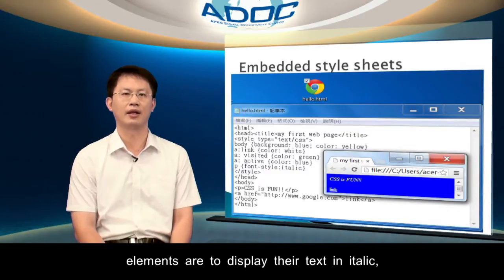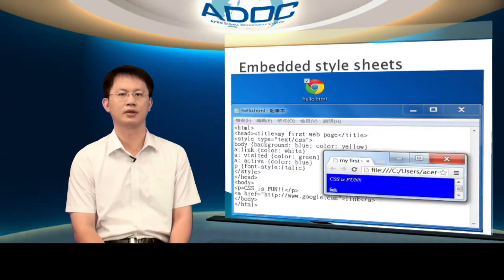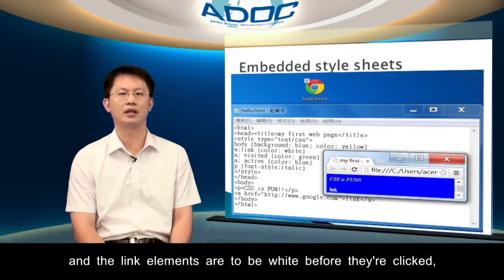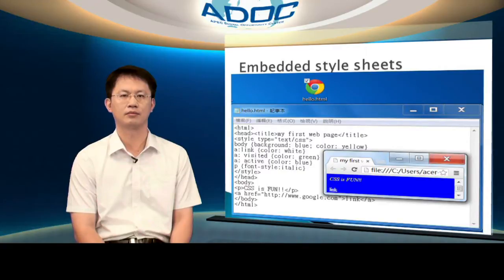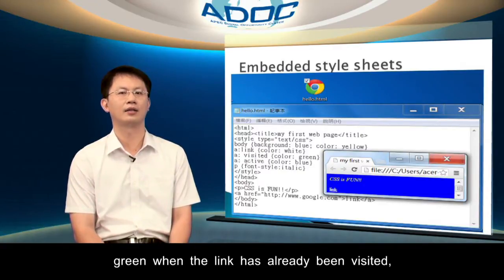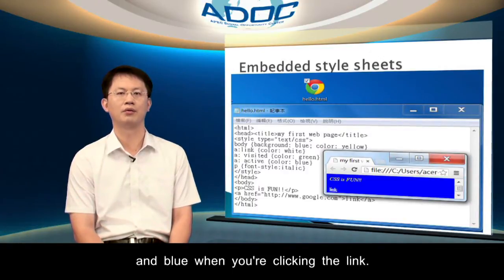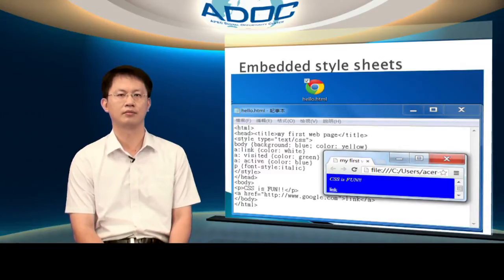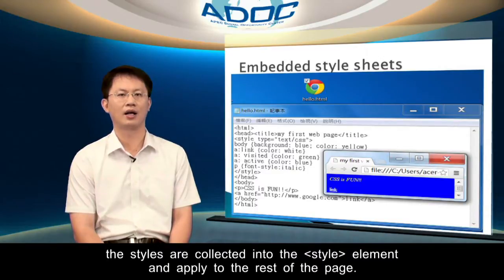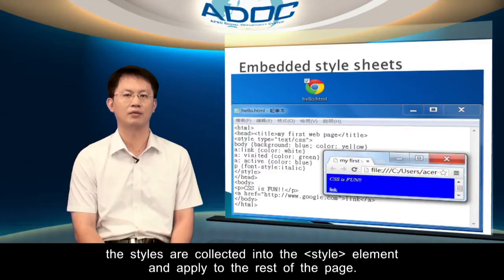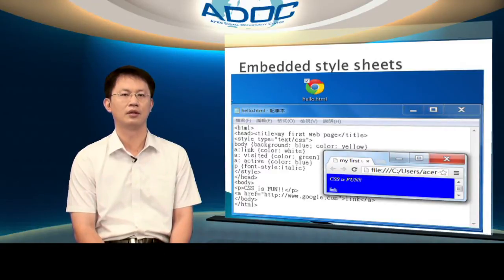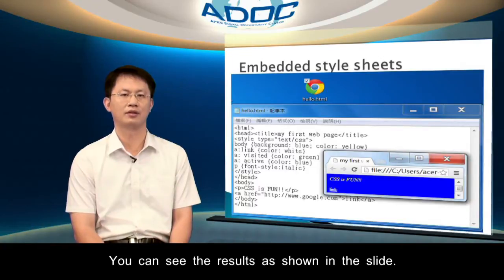Elements are to display their text in italic, and the link elements are to be white before they are clicked, green when the link has already been visited, and blue when you are clicking the link. Note how this works. The styles are collected into a style element and apply to the rest of the page. You can see the results as shown in the slide.